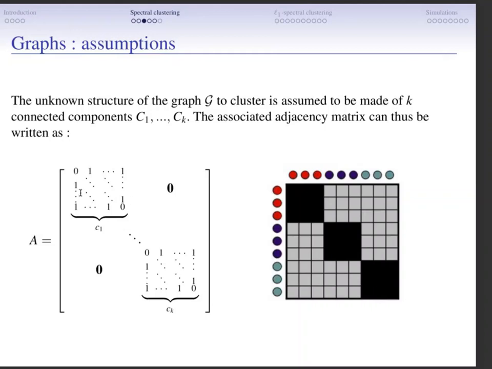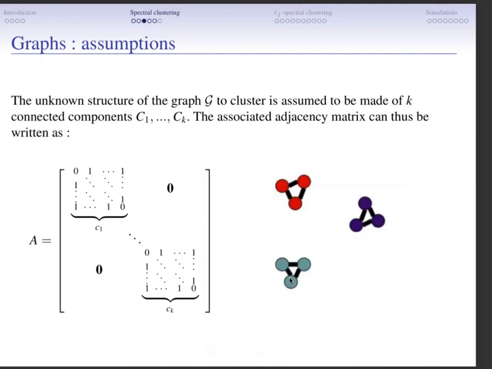Each of these blocks corresponds to one connected component. You don't have any self-loop, so you have a zero diagonal, and all nodes in a component are connected, and you have zero otherwise. And the associated graph, of course, looks something like this. So your graph is made of connected components.